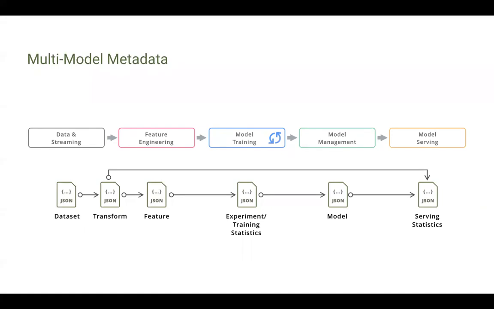On the other hand, we have to keep track of the structure between those different entities. So if I have the metadata for describing an experiment with the training statistics, with the test statistics, I need to be able to figure out from which feature that was derived, which feature was actually going into this experiment, also which feature version, which transformation have led to this feature, and then which data has led there.